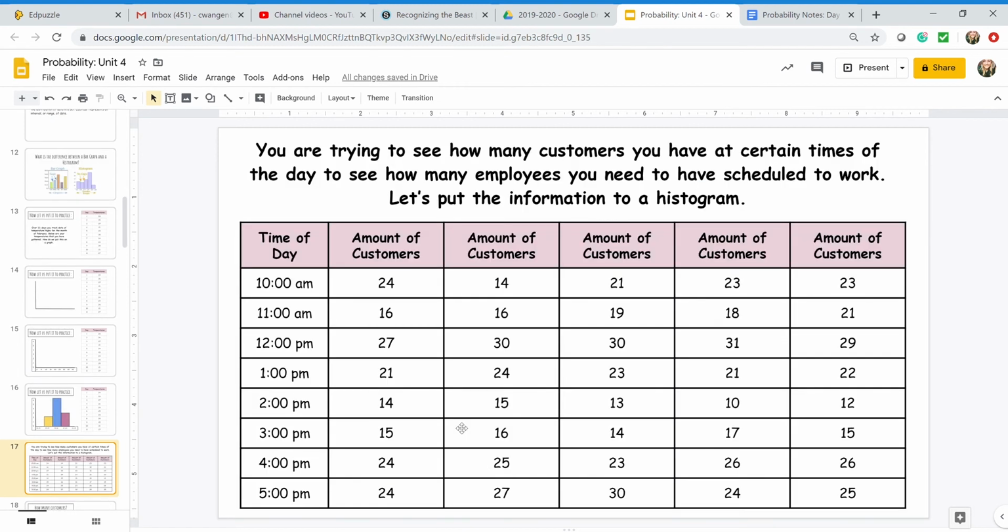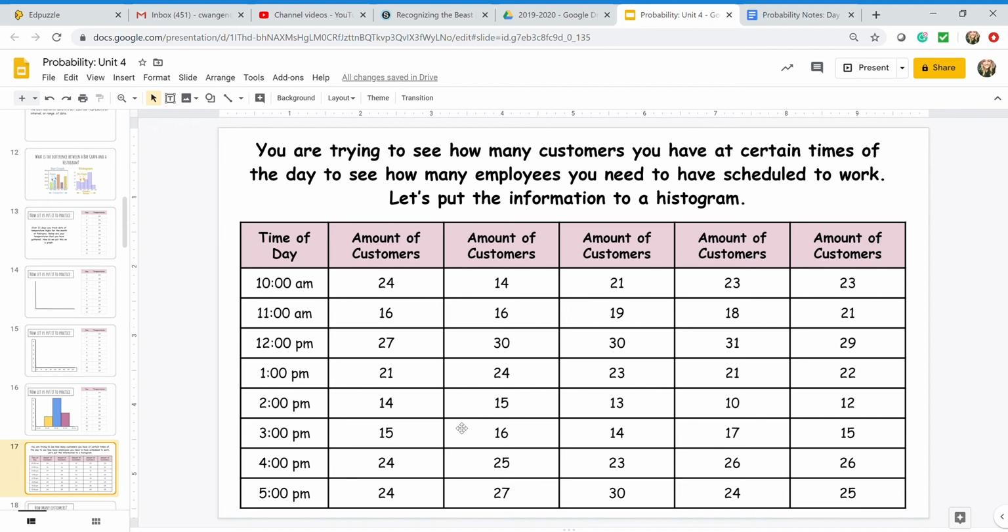All right, the next thing you're going to be doing is trying to see how many customers you have at certain times of the day to see how many employees you need to schedule for work. So let's put the information into a histogram. This is a lot of information kind of thrown at you in a table. The reason we're creating histograms is so we can figure out exactly what we need to know.